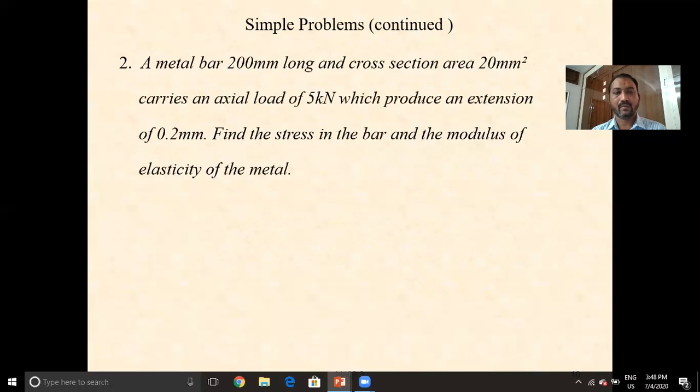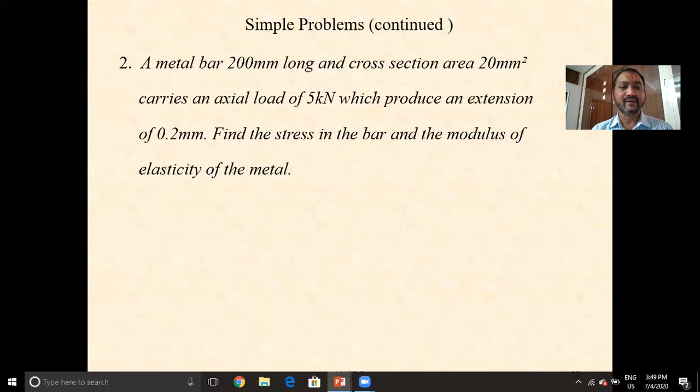First of all, a metal bar 200 mm long and cross section area 20 square millimeters carries an axial load of 5 kilonewtons, which produces an extension of 0.2 millimeters.